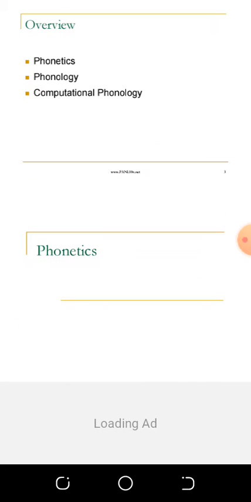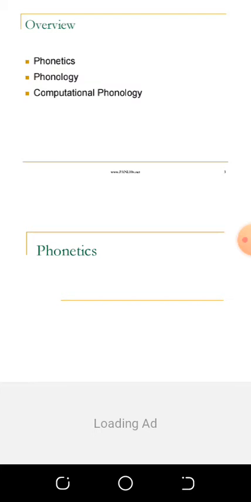First of all, in the video you will see the three things that are the core values of what we call language. Linguistics is based on three things: number one, phonetics, number two, phonology, and number three, computational phonology.